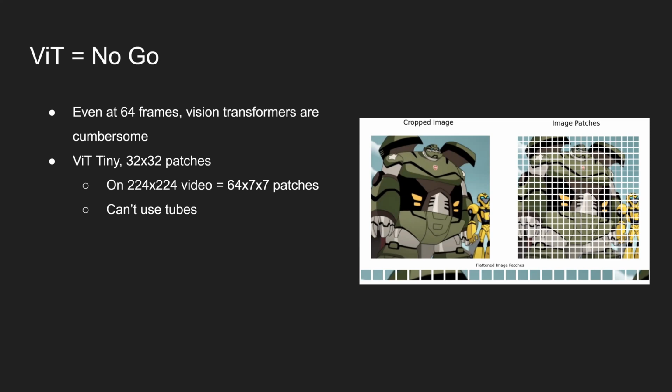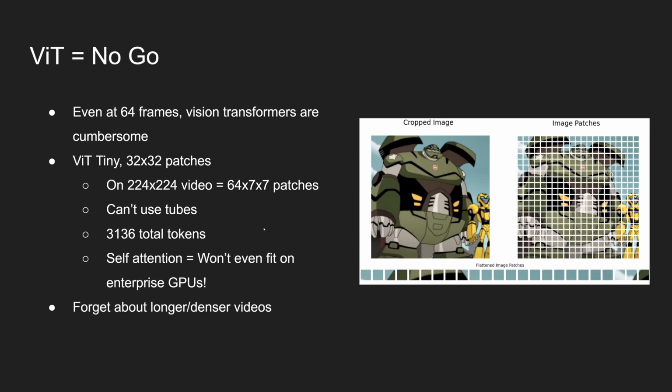So you can't be taking a slice of the video temporally; you have to get the patches for every frame. So this would result in about 3,100 total tokens. And if you try to do self-attention with all of these tokens, that doesn't even fit on enterprise GPUs. And forget about even longer videos than 64 frames, right? It's not even close to possible.